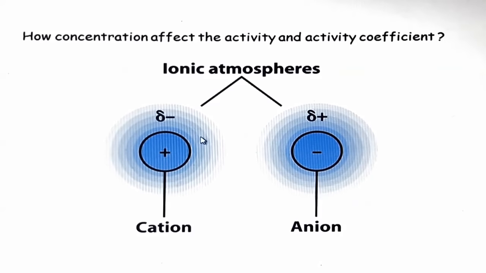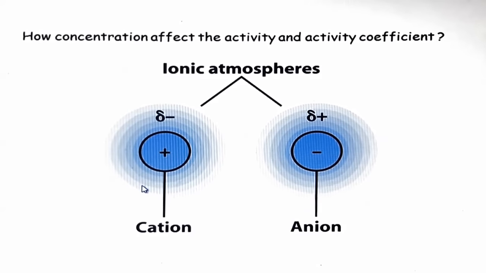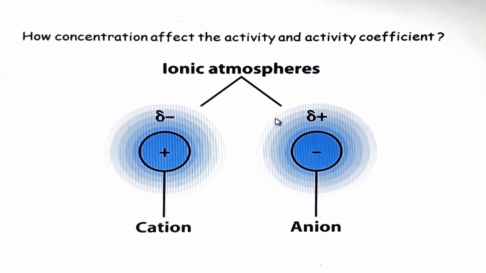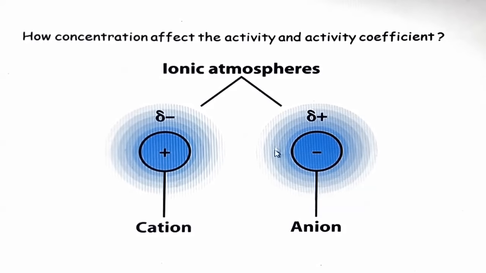If the number of oppositely charged ions is less, this cation will be able to move freely. Here also in dilute solution, the cations required to cover this anion will be fewer, so this anion will be more active because it is not too much shielded by oppositely charged ions.